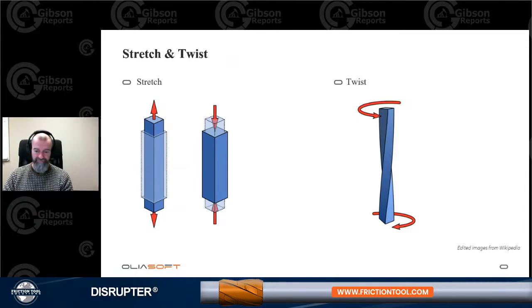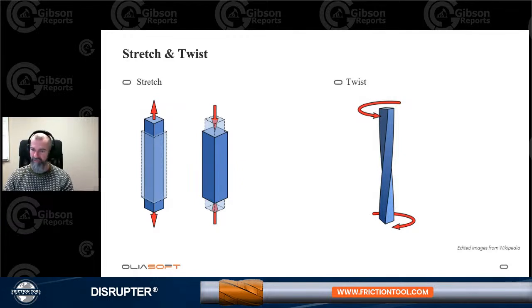So basically, it isn't that difficult, of course, to visualize stretch. Well, you have an element and you pull it at each side. Obviously, if it's a bit pliant, then it'll get longer, and if you push on each side, then it'll become a bit shorter.